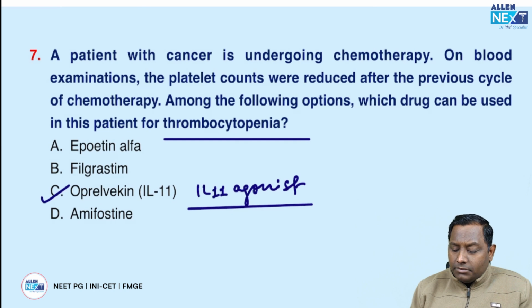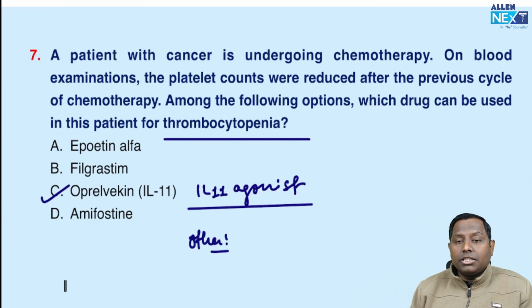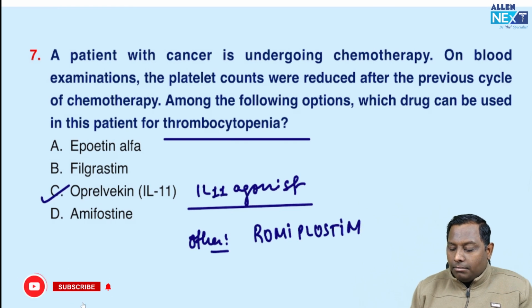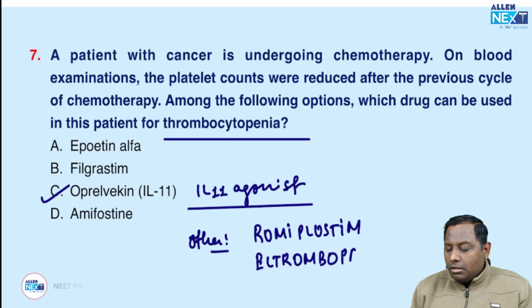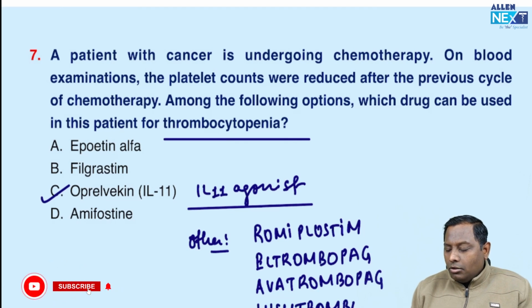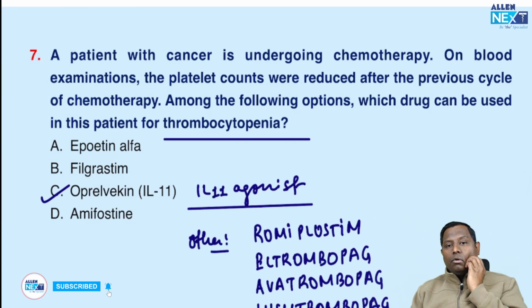Okay. Other alternative agents that we can utilize will be drugs like romiplostim, eltrombopag, avatrombopag, and lusutrombopag.